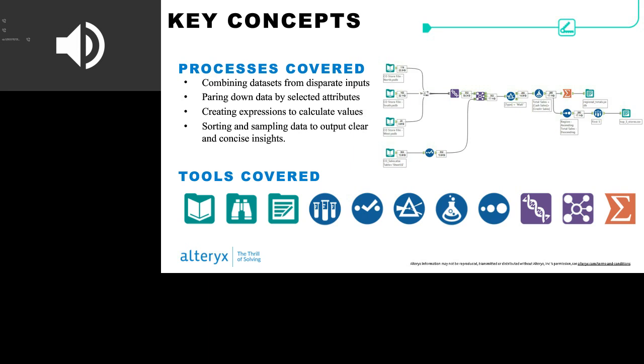We created some expressions to calculate values, and sorted and created some sampling to output clear and concise insights. And here again are the tools covered: the input-output data, the browse tool. I didn't cover the browse tool. I missed that one. The sample, the filter, select, and pretty much all the tools that are in the favorites section.